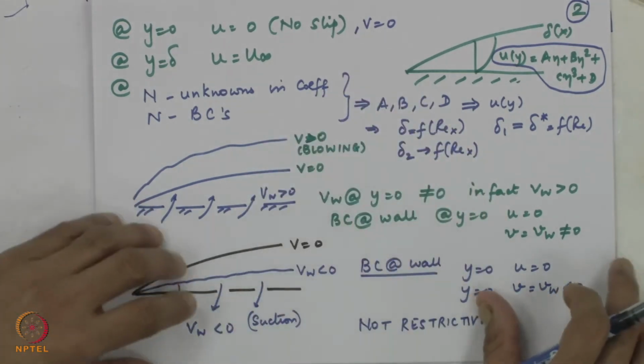The similarity method, on the other hand, is a class by itself. The concept we will explain now, and then we will go to the derivation later on. See, what we are trying to say is this boundary layer profile, delta of x.